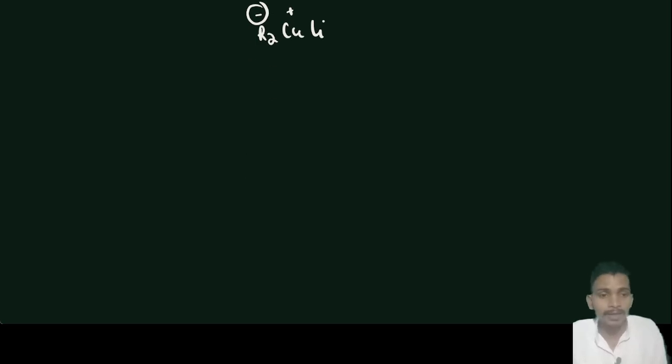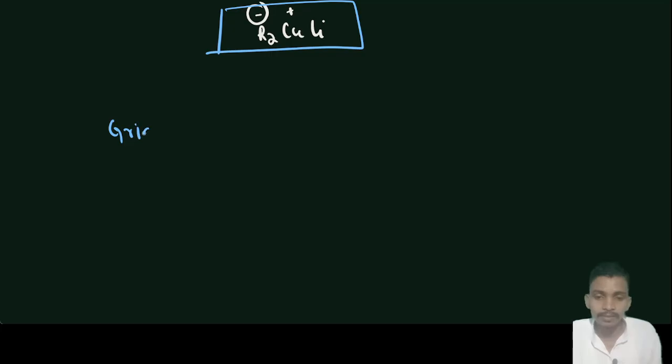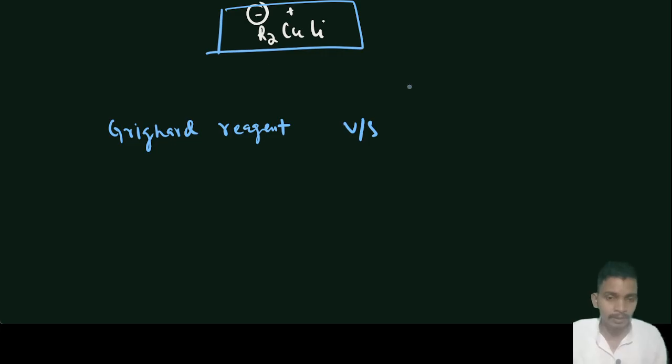Now whenever I talk about any reagents, mainly these organometallic reagents, we will compare them with Grignard reagents. So what did you study in Grignard reagents, and what is it for organocuprate or Gilman reagents?